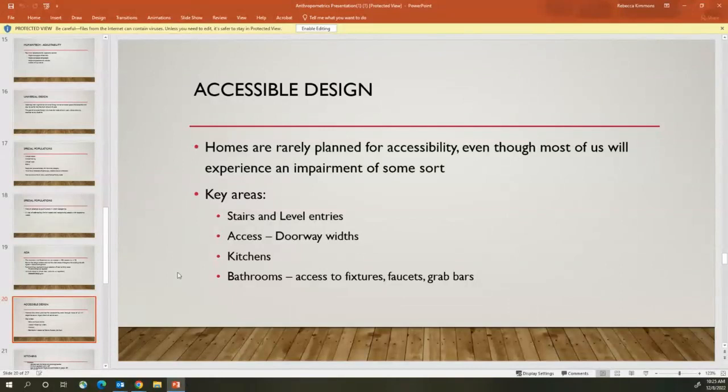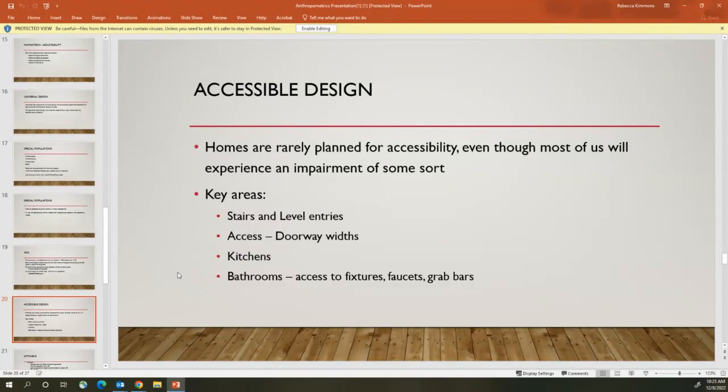Some key areas to keep in mind with this are stairs and level entries. Access, so how wide are your doors? Are they easy to get in and out for someone that's in a wheelchair or has a walker or a cane or anything like that, crutches? Kitchens are a key area in the home.